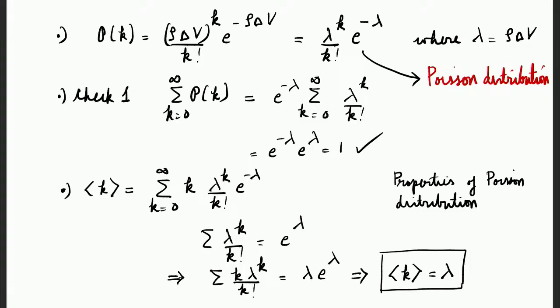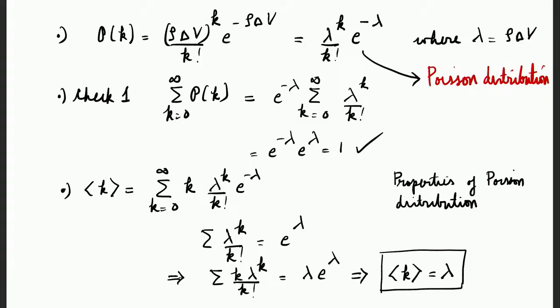I know that summation of lambda to the power k by k factorial is e to the power lambda. Whenever I want to find moments, I have to differentiate with respect to lambda. When I differentiate with respect to lambda, I get k lambda to the power k minus 1. I multiply by lambda, I get back this one, and the right hand side is e to the power lambda times lambda. Then I take this e to the power lambda to the other side, and that's the answer I want.